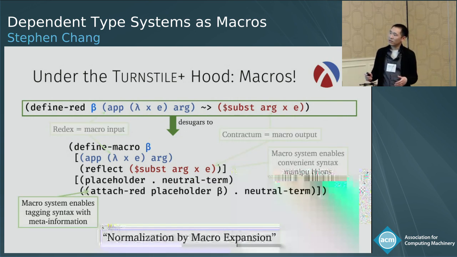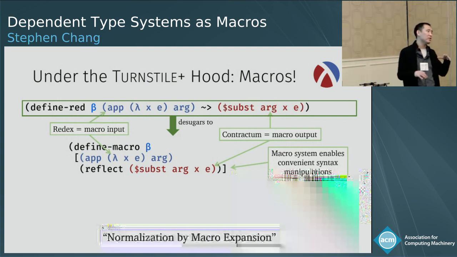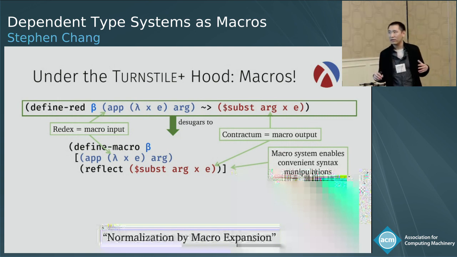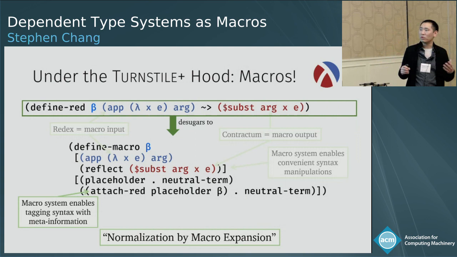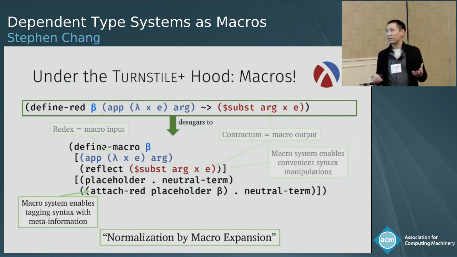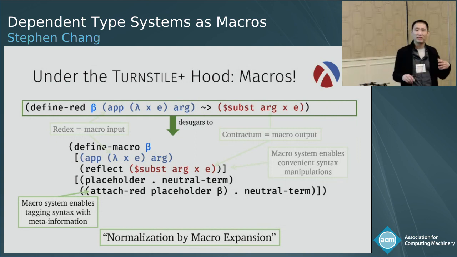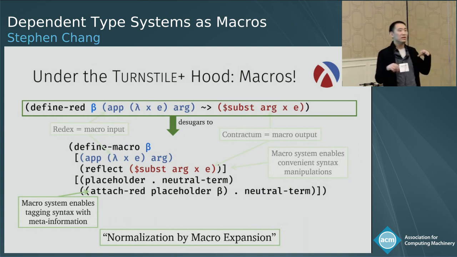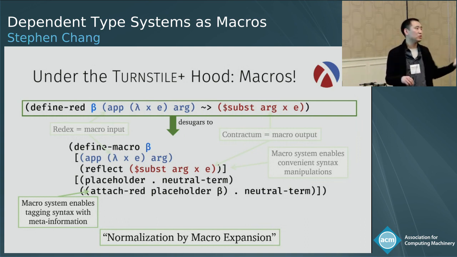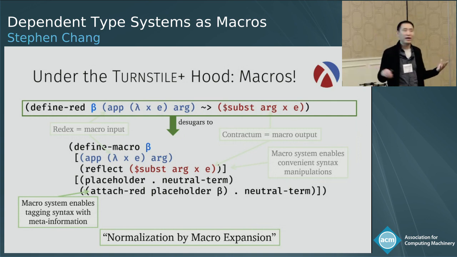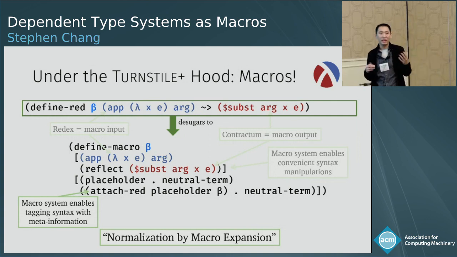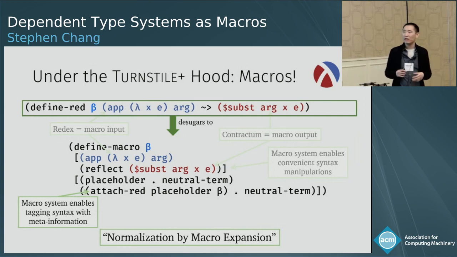So this macro needs a second case. The first case handles the case when we have a beta redex. But what if it's not a redex? In this case, the macro produces a neutral term. But this neutral term needs to be able to communicate to later reductions that, hey, I could be a beta redex later, so you have to check to see if I can be reduced.